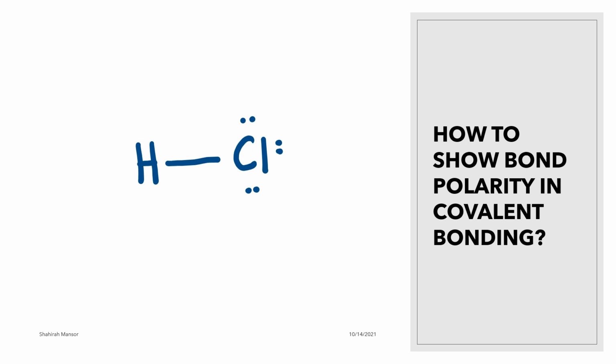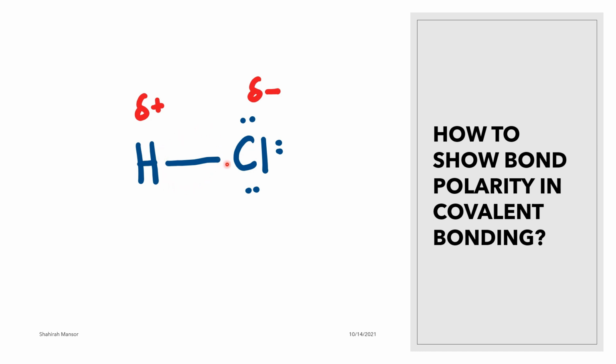How to show bond polarity in covalent bonding? So here we have HCl molecule between hydrogen and Cl. H is less electronegative than the chlorine, so hence we can put symbol delta plus on the hydrogen and delta minus on the chlorine. So since we have two different electronegativity atoms in this molecule, so this bonding is said to be polar.